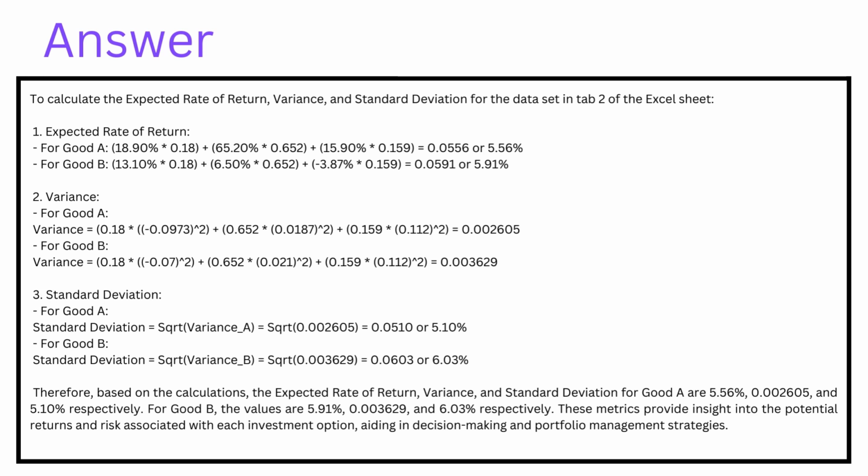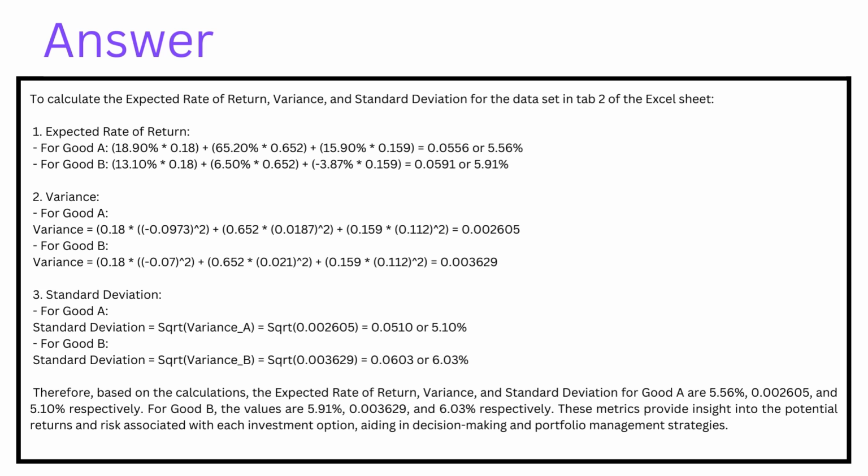For Good B, variance equals 0.18 times minus 0.0206 squared, plus 0.652 times 0.0212 squared, plus 0.159 times 0.112 squared, equals 0.003629.